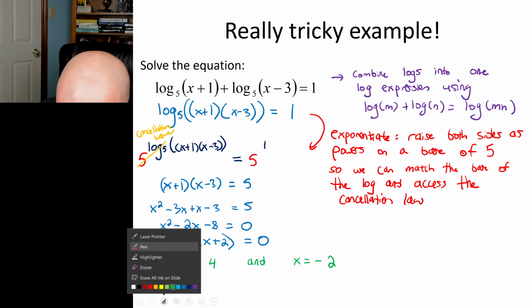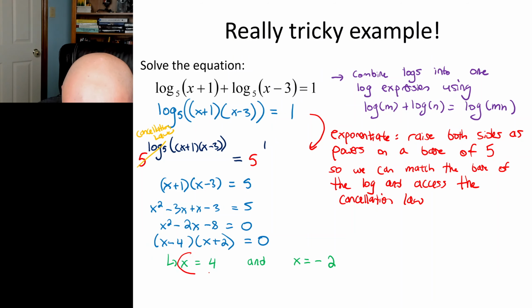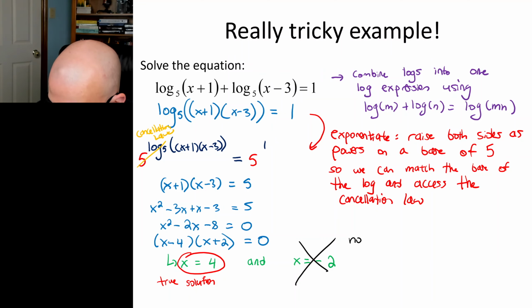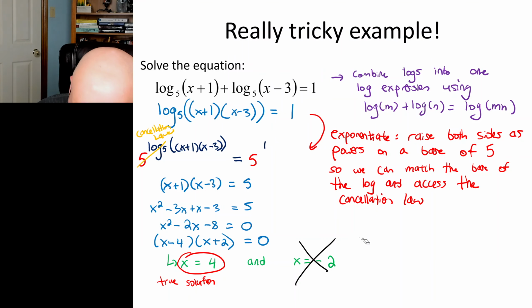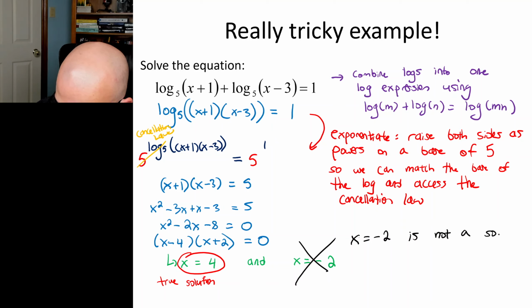And I'm going to circle the first one. This is a true solution. And then I'm going to put an x through this one. Not a solution. x equals -2 is not a solution. And here's why.